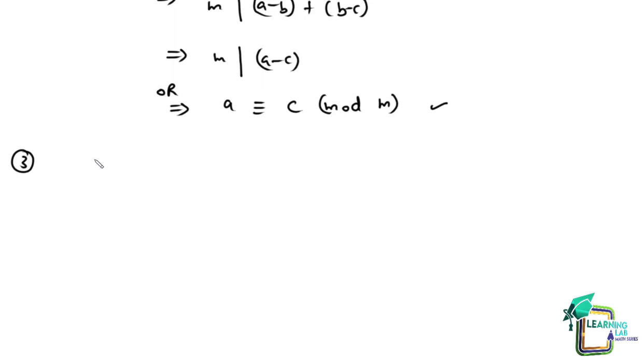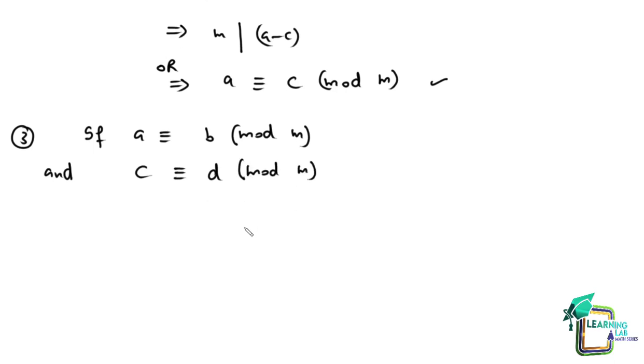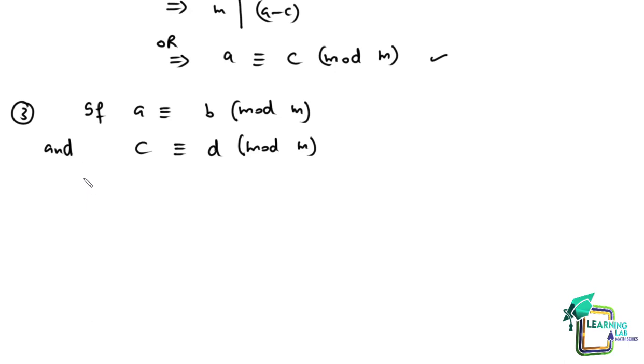If A is congruent to B mod M and C is congruent to D mod M, then we have the following properties which hold good.